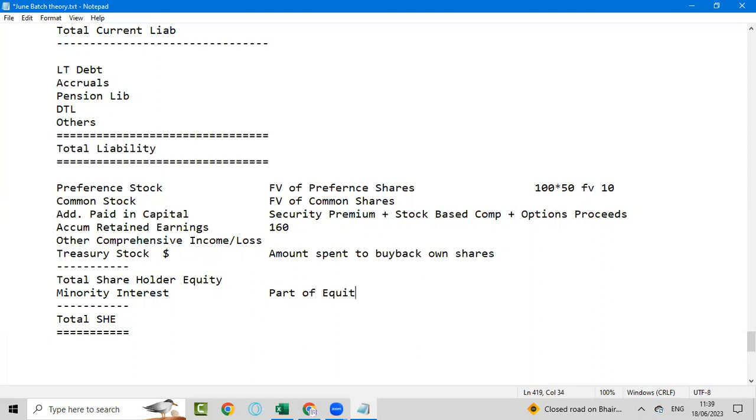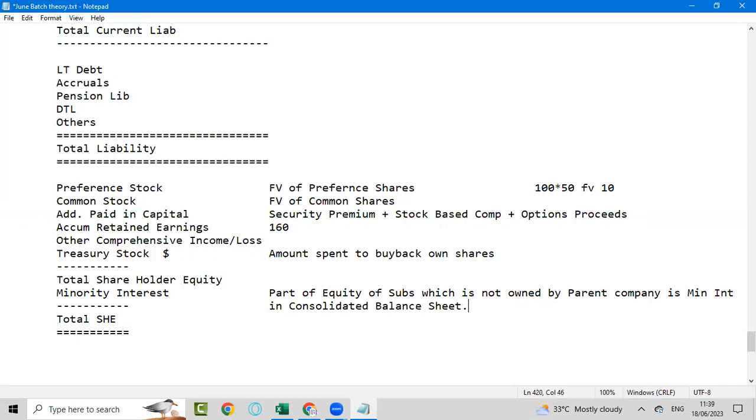Part of equity of subsidiary, which is not owned by parent company, is minority interest in consolidated balance sheet.